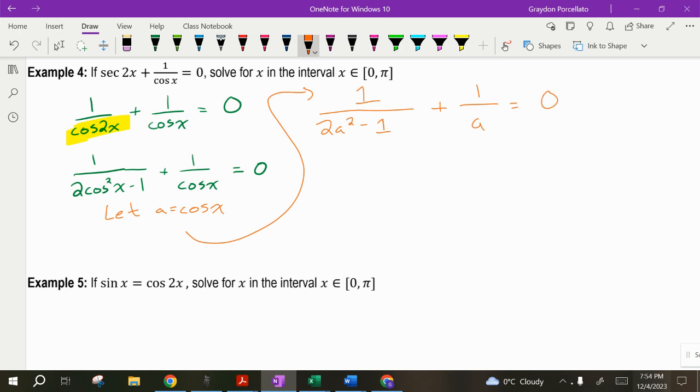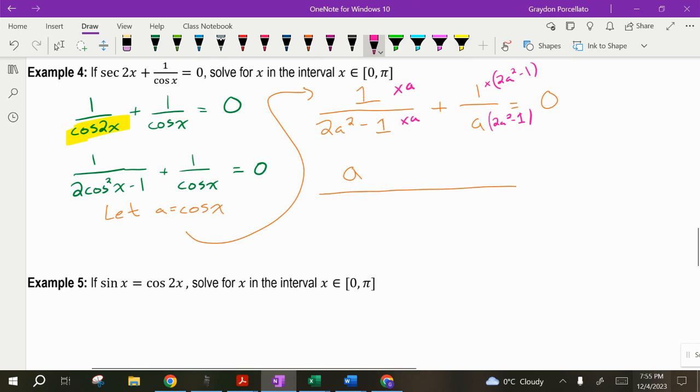So we need a common denominator here. All right. So I'm going to multiply the top and bottom of this one by a. I'm going to multiply the top and bottom of this one by 2a squared minus 1 over 2a squared minus 1. Remember what happens when we get a common denominator for everything. We can cross it out. And that's what's going to happen here. So first, in our first fraction, it becomes a. This is in our second bracket.